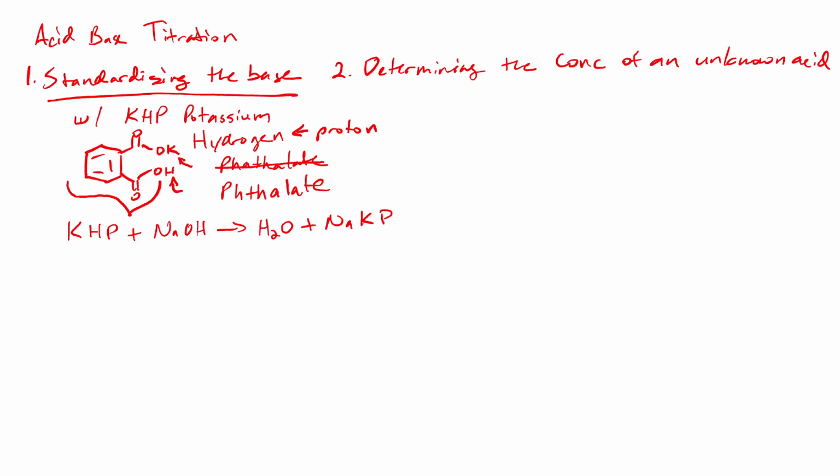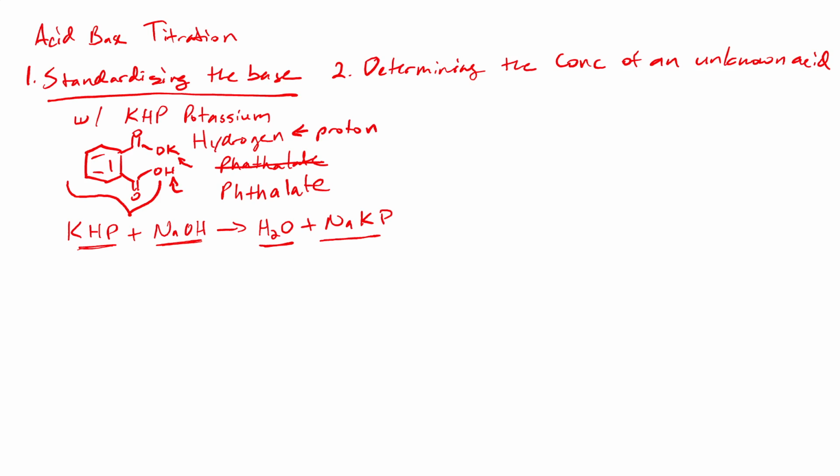Notice we have what we're calling our acid, which is KHP, and our base, sodium hydroxide, and we add them together in a neutralization reaction, and we get water and a salt. So always remember that a neutralization reaction will always end up with water and a salt.